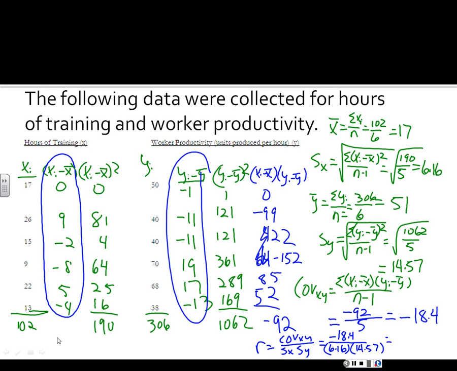And that's about minus 0.205. So a slight negative correlation. So that takes us through parts A, B, and C. I wrote that down. I said it right. That's minus 0.205.